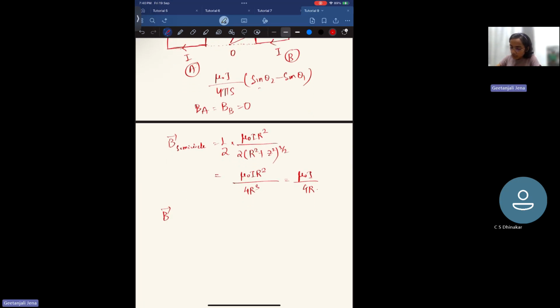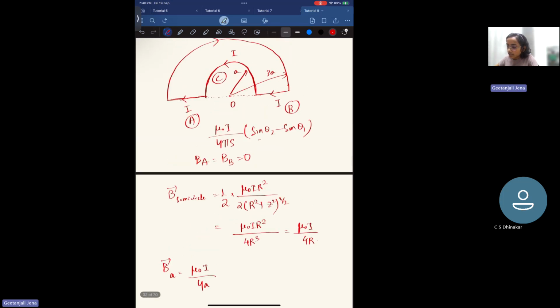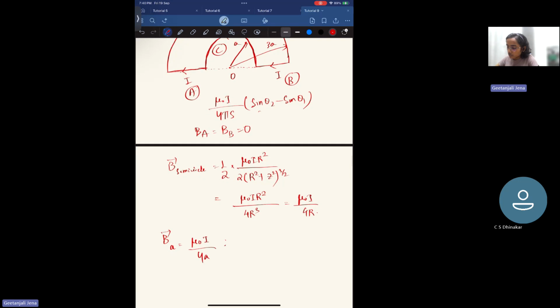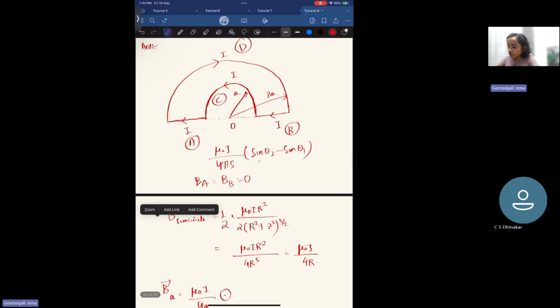So that means B_A is mu naught I by 4A, and this is pointing out of the page, and B_3 is mu naught I by 4 times 3A, and it is pointing into the page.